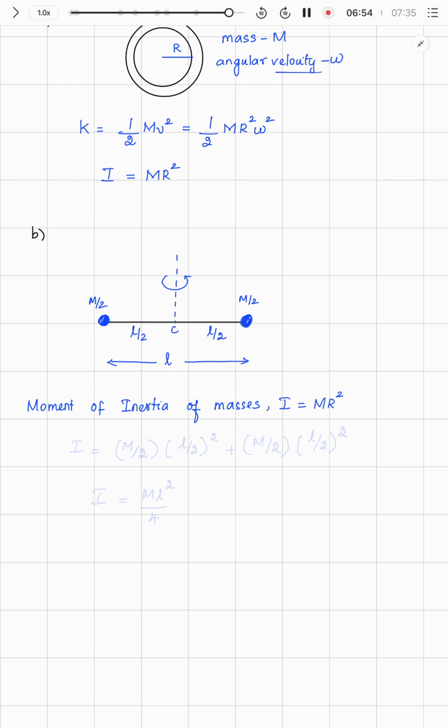Here mass is m by 2 and the radius is L by 2, the whole square, and another mass of the pair is also there, so m by 2 into L by 2, the whole square. Thus for the pair of masses rotating about the axis through the center of mass perpendicular to the rod, the total moment of inertia I will be equal to m L square divided by 4.